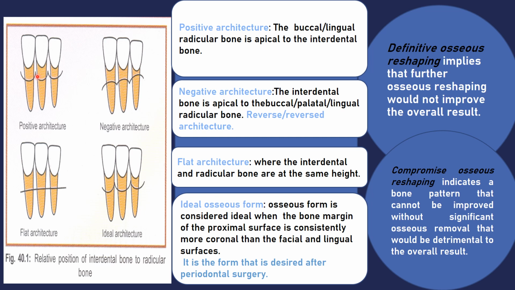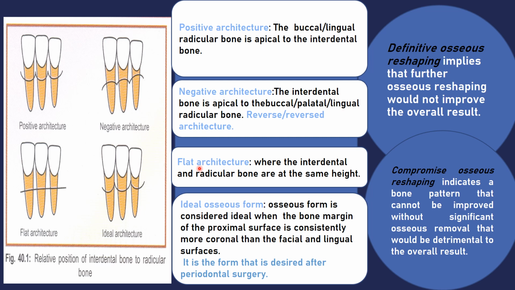What is negative architecture? Negative architecture is where the interdental bone will be more apical than the buccal, palatal or lingual radicular bone. This is also called reverse architecture.